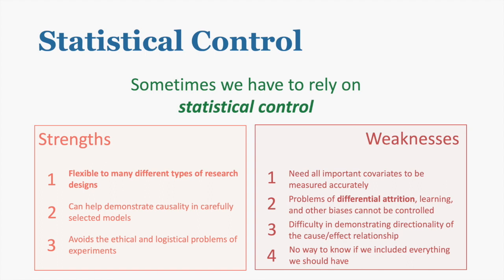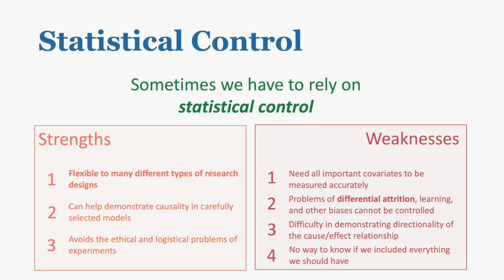When it comes to weaknesses, you need all important covariates to be measured accurately. That's probably the biggest weakness. Any variable that might impact the outcome and might also impact your predictor needs to be measured accurately. You still have problems of differential attrition, learning, and other biases that you can't control for.